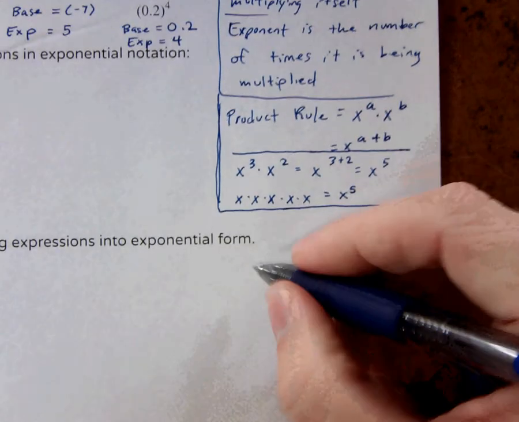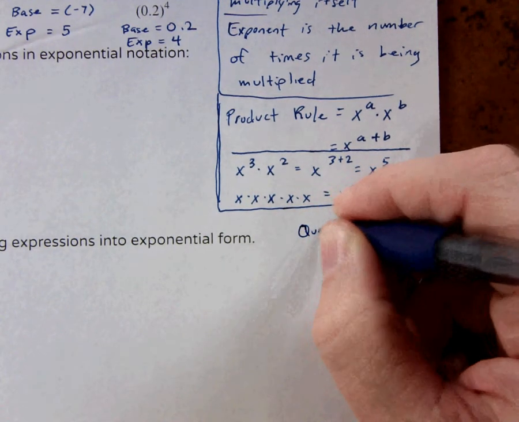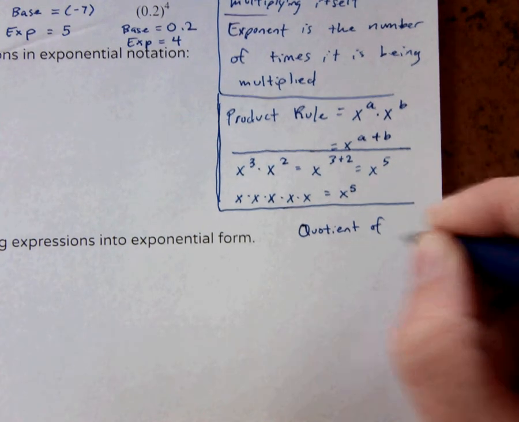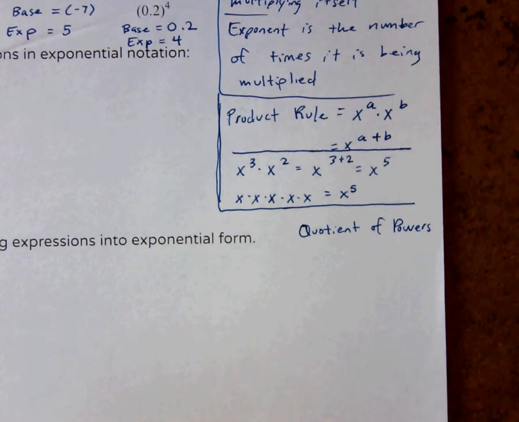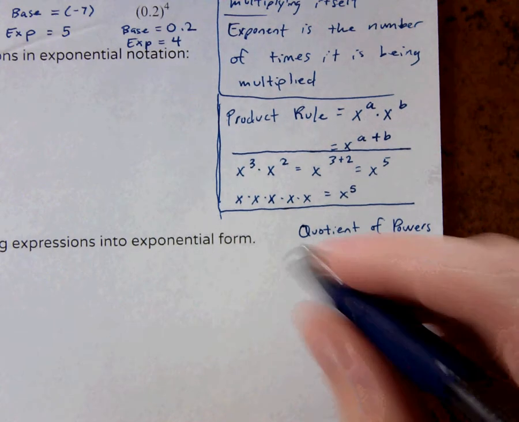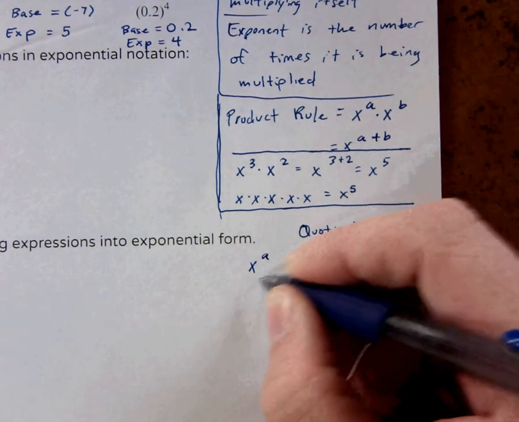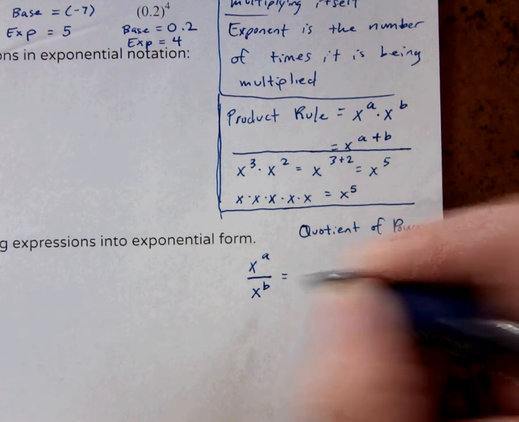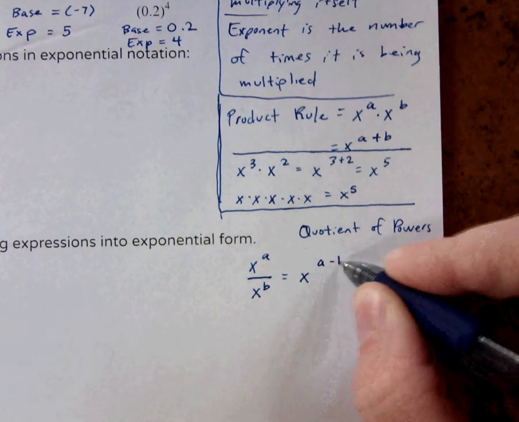And there's one more called the quotient of powers, or you could call it the quotient rule. If I take x to the power of a, and this time divided by x to the power of b, this is equal to x to the power of a minus b.